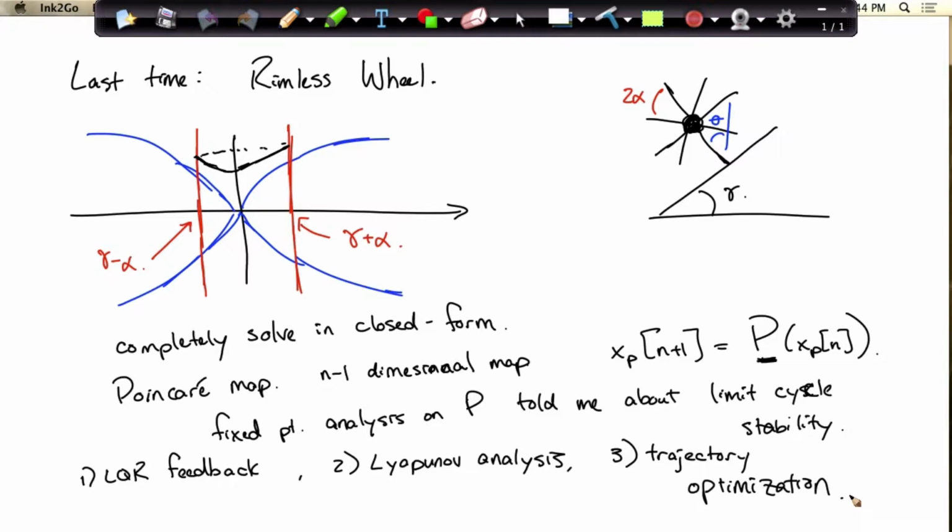And you're going to be able to do all of those for these systems that have limit cycles and impacts as well. Just for fun, let's go through them in the opposite order. We'll mix it up. Okay?